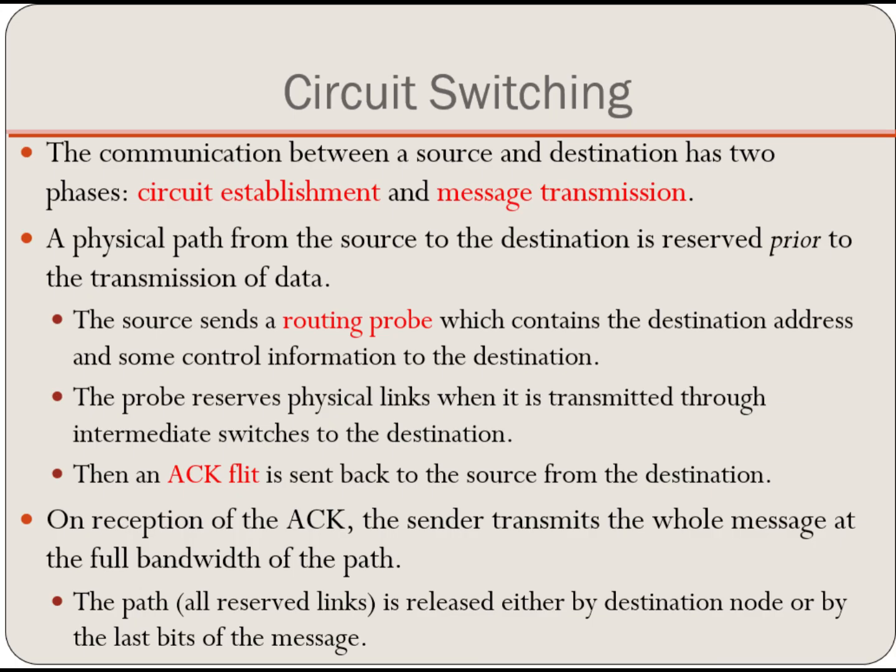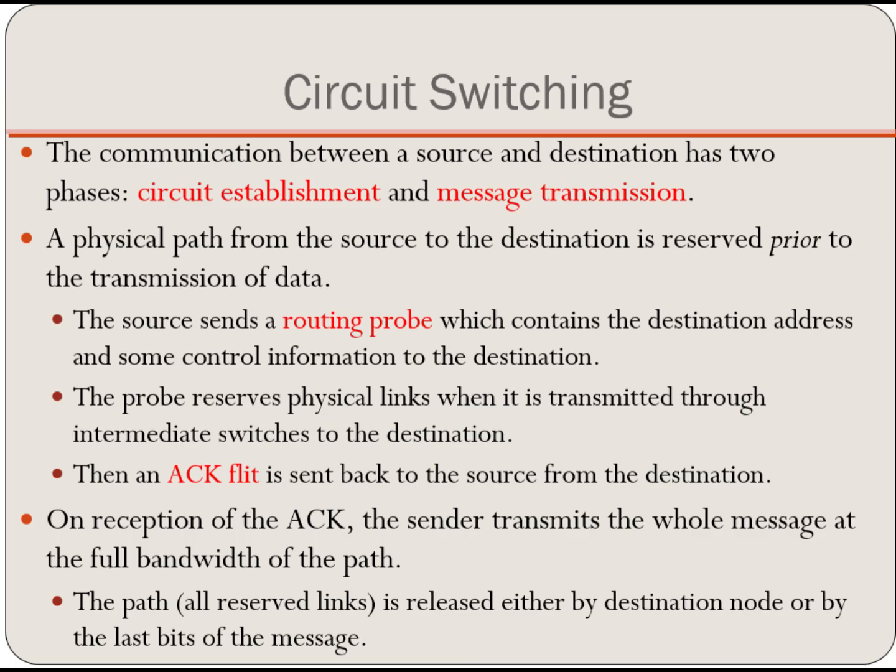So communication between the source and destination has two phases: circuit establishment and message transmission. Before you send the real message, you need to establish the circuit first. This circuit is a physical path from source to destination, reserved by the circuit establishment mechanism.